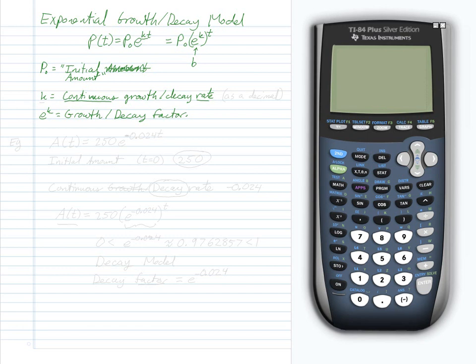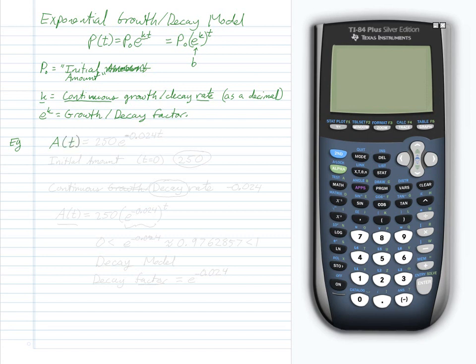Recall that growth and decay rates or percent increases are usually given as percentages, but for our purposes we need this value k to be expressed as a decimal before we can do any calculations. So an example of this type of function might be a dollar amount function.